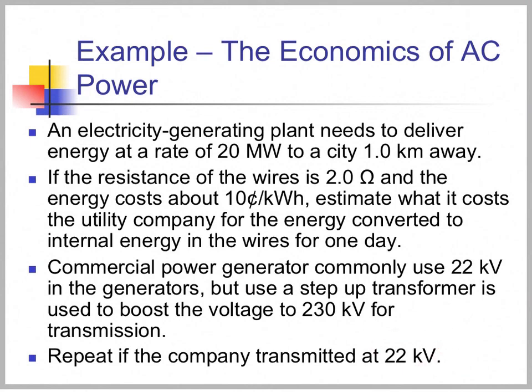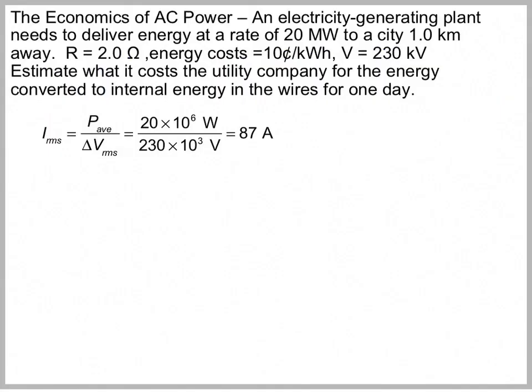So first, we need to know the RMS current. That's going to be the average power over the RMS voltage. So the power we said we need to deliver is 20 megawatts, and we divide that by 230 kilovolts. So the RMS current in the wires is 87 amps.